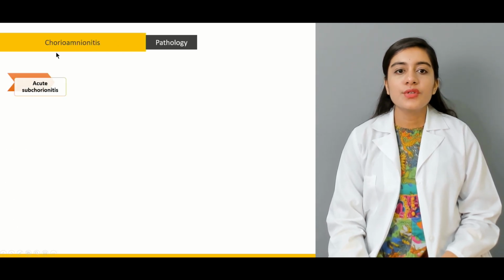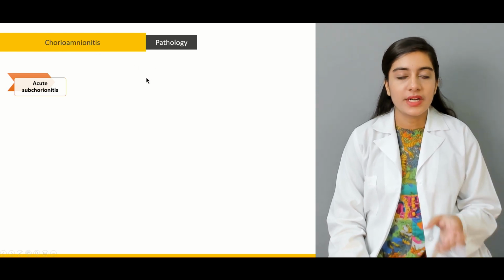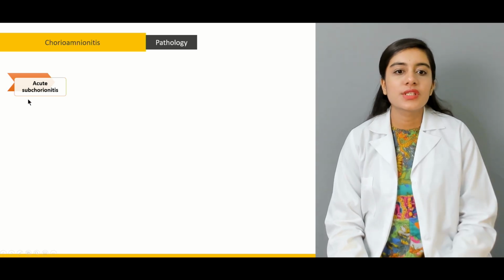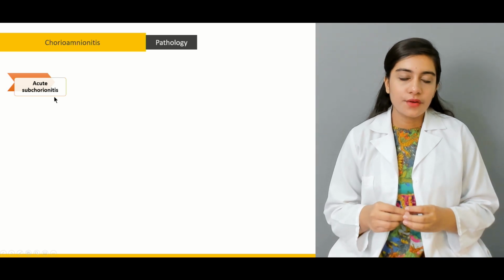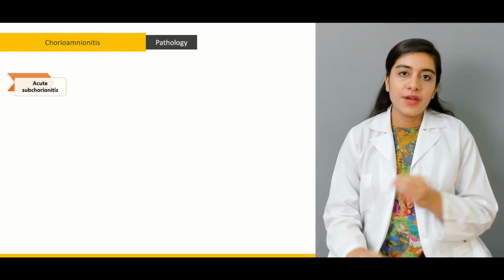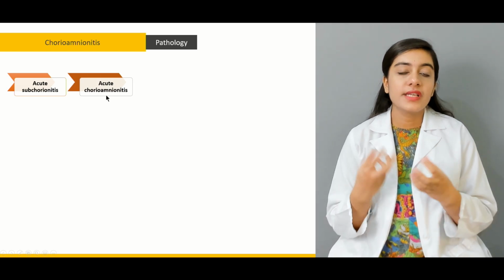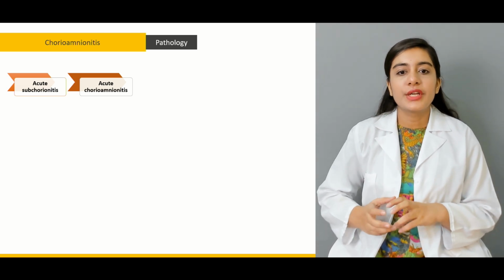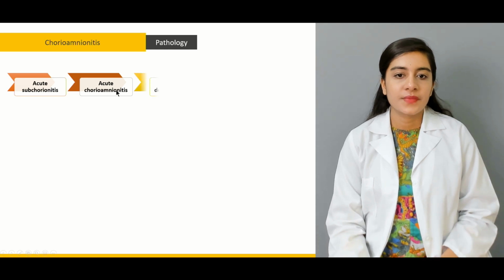Okay. Now coming towards the pathology of chorioamniotic disease, amnionitis, the first thing that we will be seeing is acute subchorionitis. The process will start from the chorion. It will then further move towards the amnion part as well, and the disease will convert itself into chorioamnionitis.